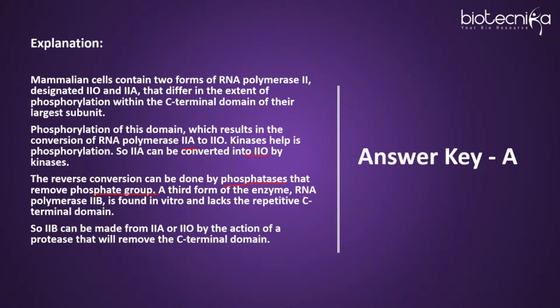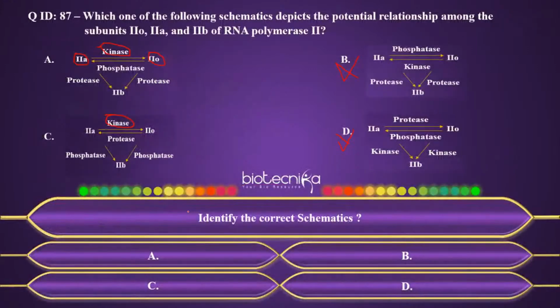A third form of enzyme, RNA polymerase 2B, is found in vitro and lacks the repetitive C-terminal domain. So 2B can be made from 2A or 2O by the action of a protease that will remove the C-terminal domain. So if the 2B form is being formed from 2A or 2O, the protease enzyme is responsible.